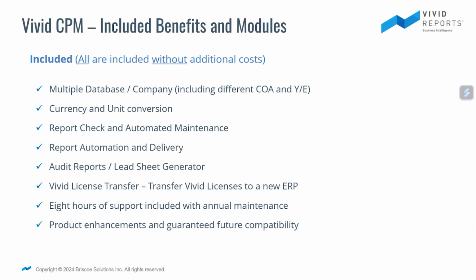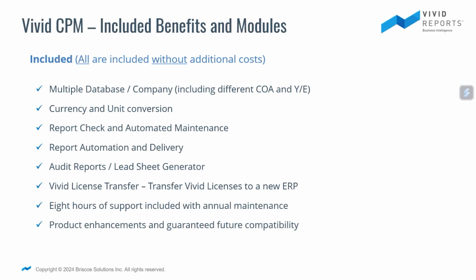We can do all the consolidations into your functional currency. We have really cool features for report check and report automation. The report check is useful when you want to make sure your report balances, make sure you've included all of your accounts. Report automation is a great way to distribute reports very quickly to your management team.